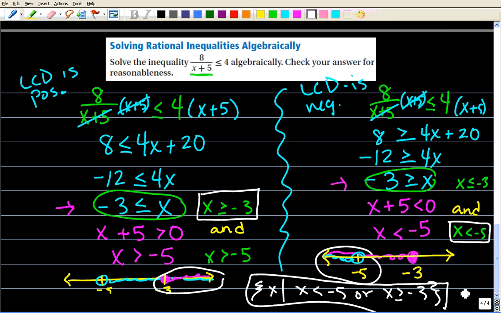So we found the solutions for each part, what they simplify to, and then the final solution would be the solutions from both with the word or in between. So if x is less than negative 5 or greater than or equal to negative 3, that would include the solutions to this inequality that we were given in the beginning.